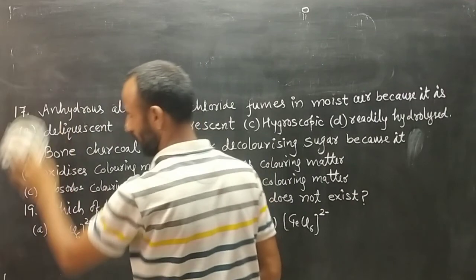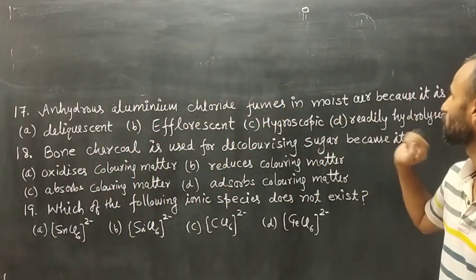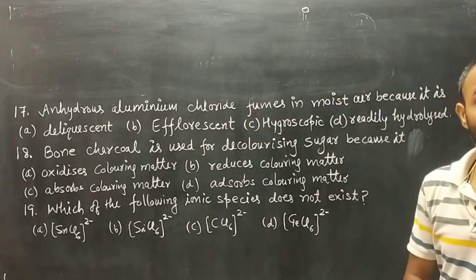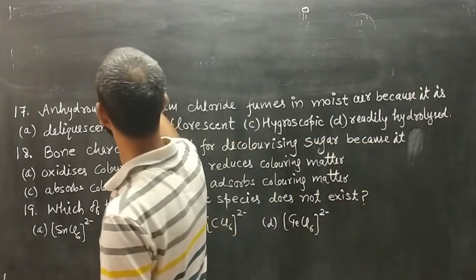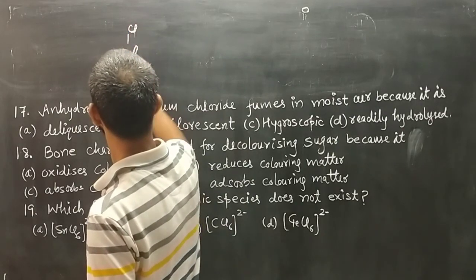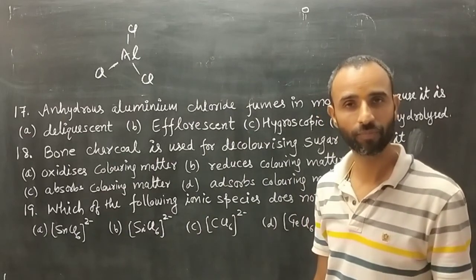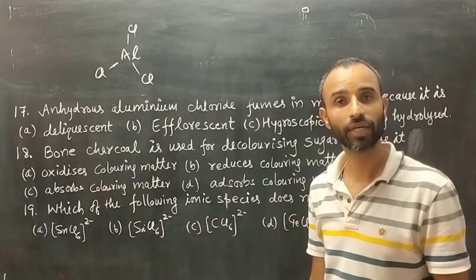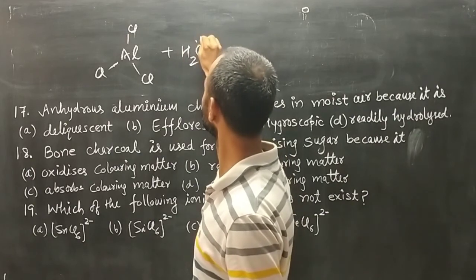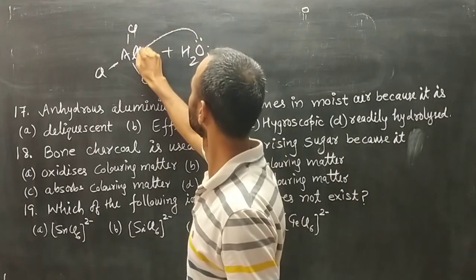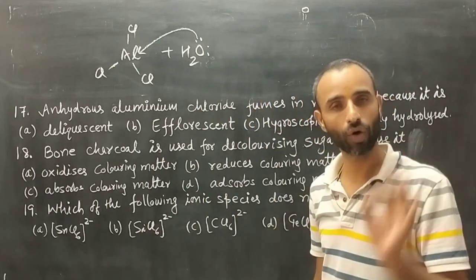Now next, anhydrous aluminum chloride fumes in moist air. Why is it so? Because aluminum chloride is an electron deficient compound. So water can easily attack it because of the presence of a vacant orbital.